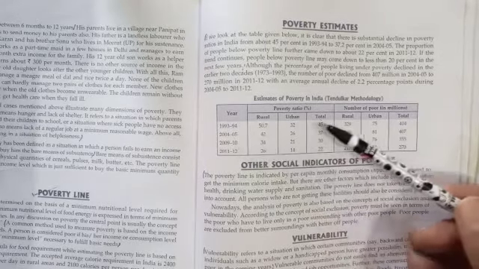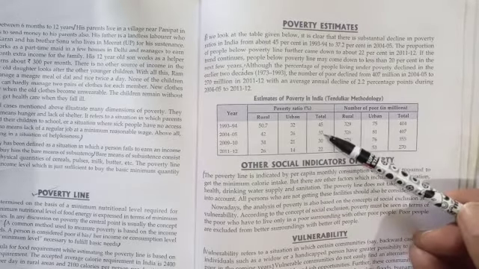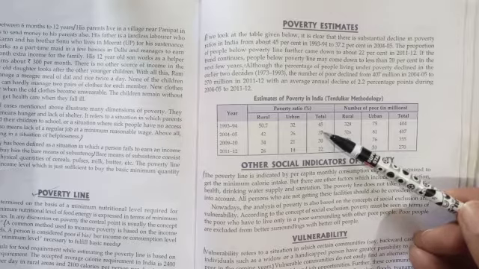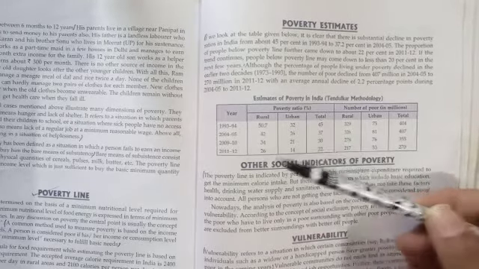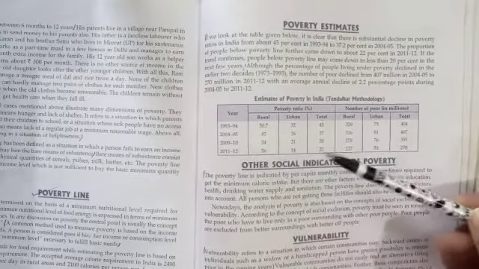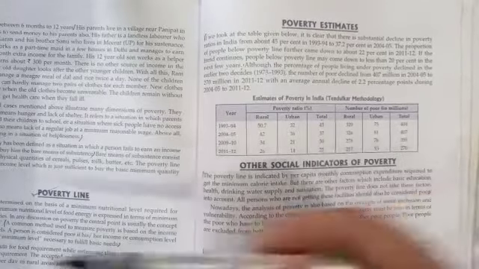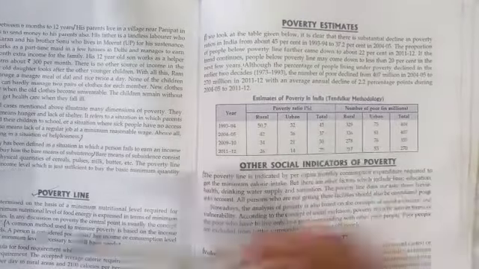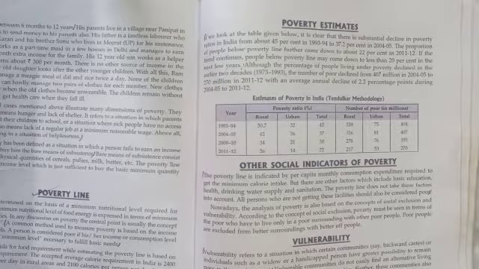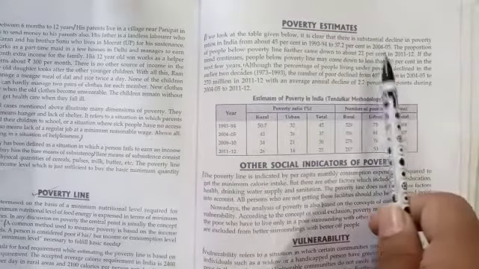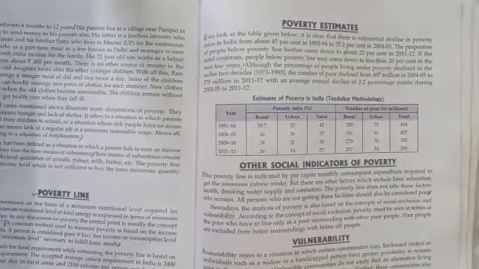So this trend has declined. The proportion of people below the poverty line further came down to about 22% in 2011-12. See here, 2011-12, it has come down to 22%. If the trend continues, people below the poverty line may come down to less than 20% in the next few years. So this is the poverty estimate in our India.